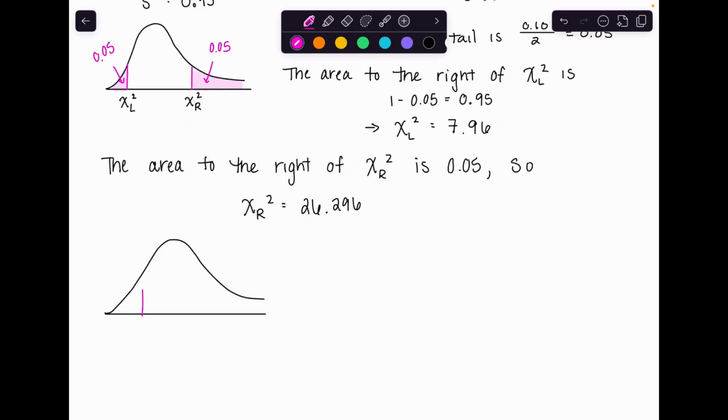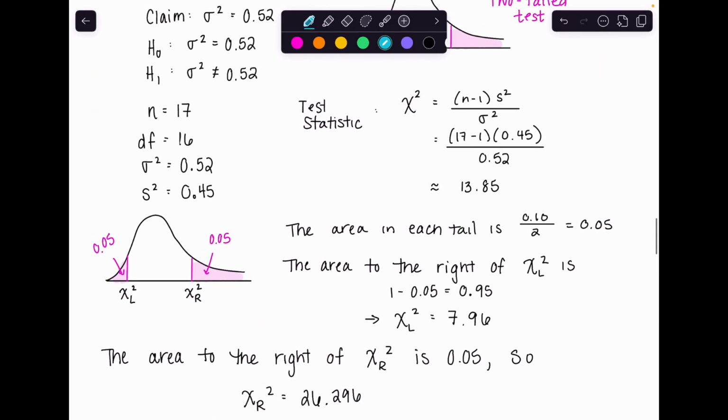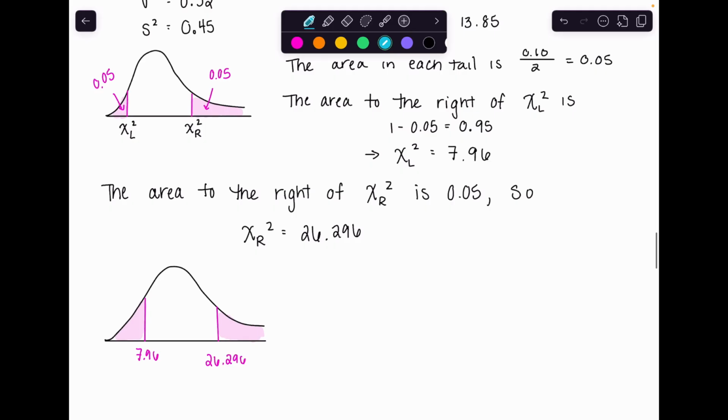Here are these two critical value cutoffs. This first one is 7.96. This second one over here is 26.296. So if our test statistic falls into either of these outer tails, we are going to reject that null hypothesis. But our test statistic we calculated is 13.85, and that falls somewhere in between.